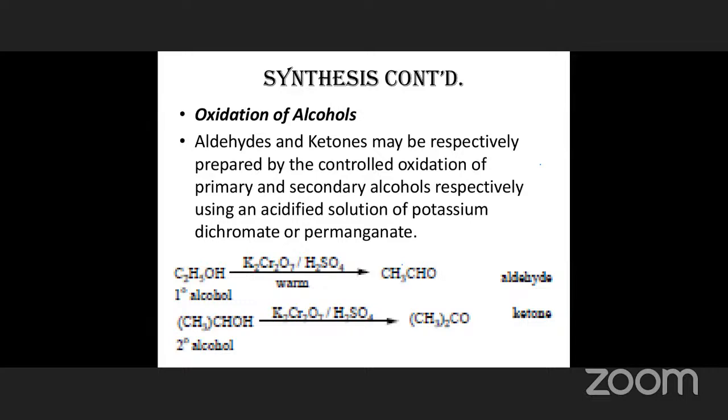Anyway, it suffices for you to know that when you subject a primary alcohol to potassium dichromate in the presence of sulfuric acid, and you warm the solution a little bit, you are going to get an aldehyde. The combination of K2Cr2O7 and H2SO4 oxidizes your alcohol.